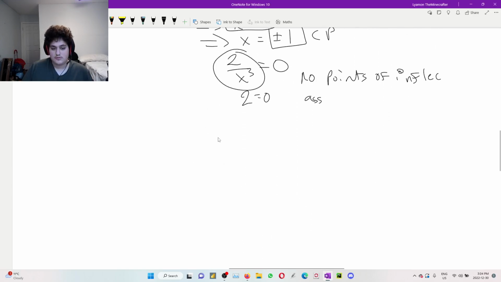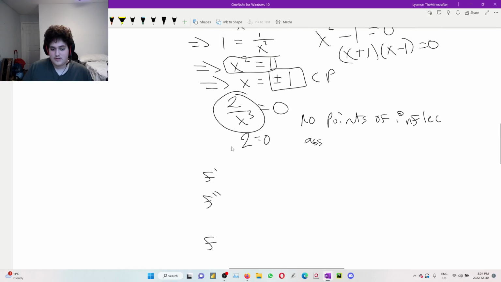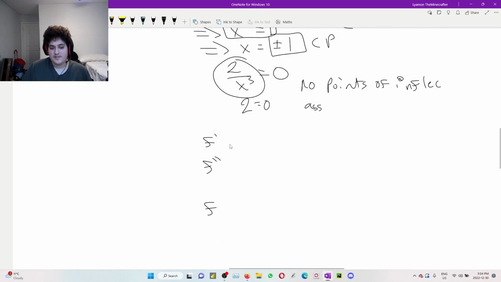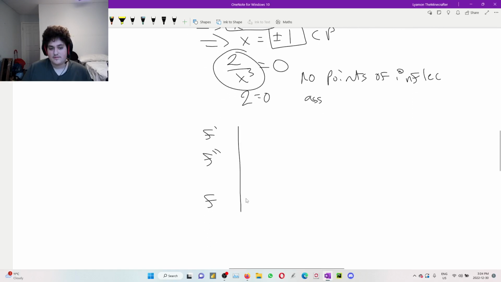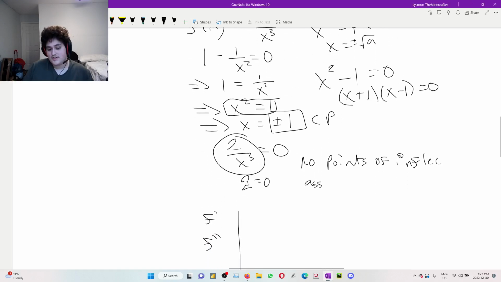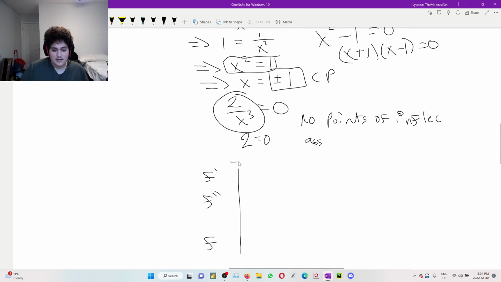So if we have our table here of our derivative and our second derivative, we can draw a quick sketch of our function. There are no x-intercepts. We start at negative infinity.